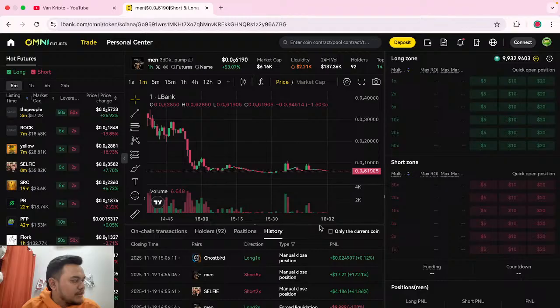I would say it's pretty crazy to see this kind of method being used in an established exchange with a good reputation, which is LBank. This button right here seems very clickable, and it seems like a platform you could call a betting platform.